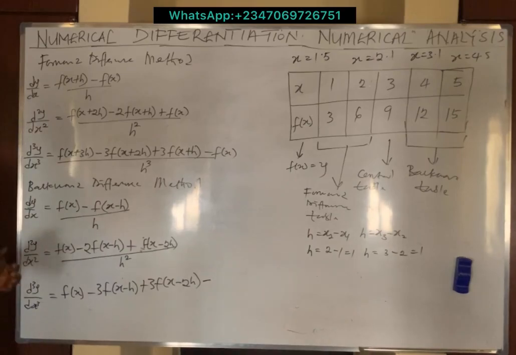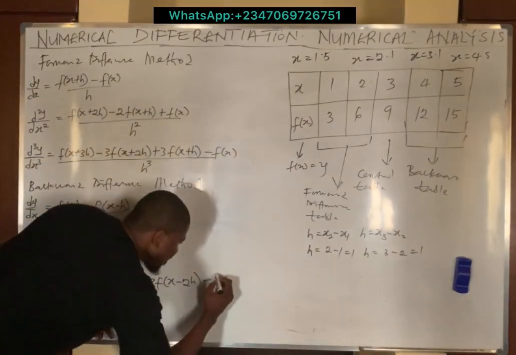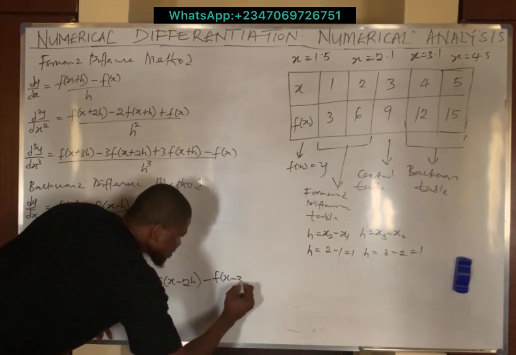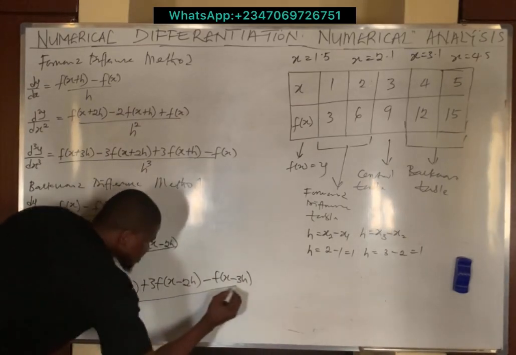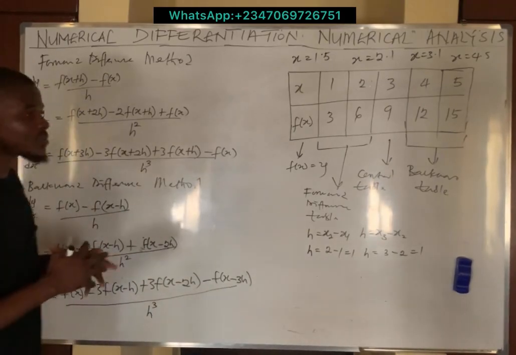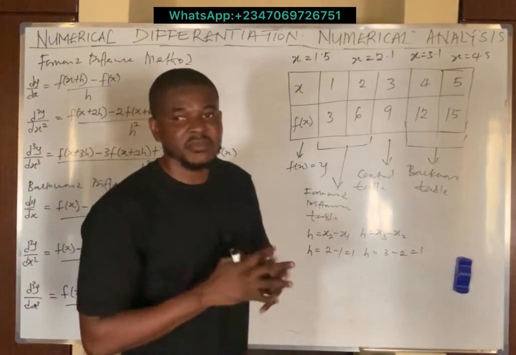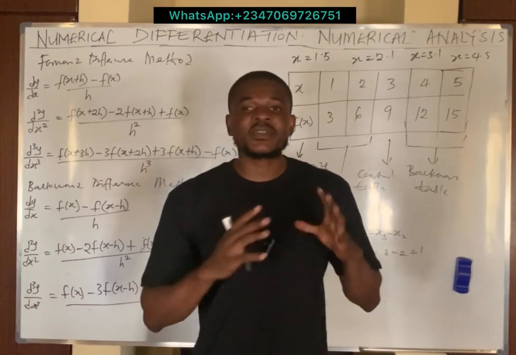And then instead of f of x plus 3h, it becomes f of x minus 3h. So you have f of x minus 3h, all over h cubed. So this is how to obtain the formula to approximate what? The differentiation for the backward difference method and for the forward difference method.